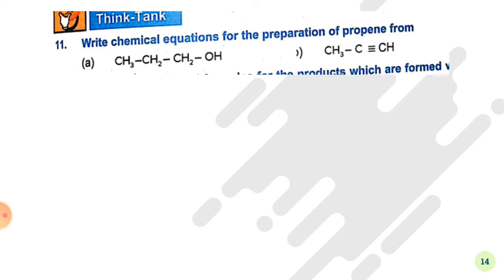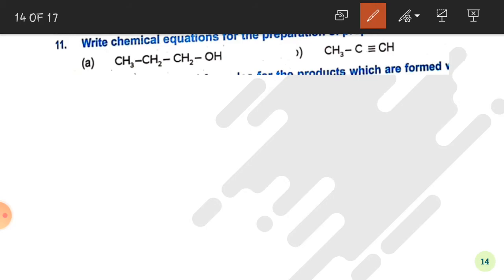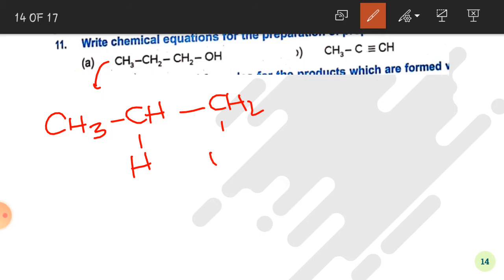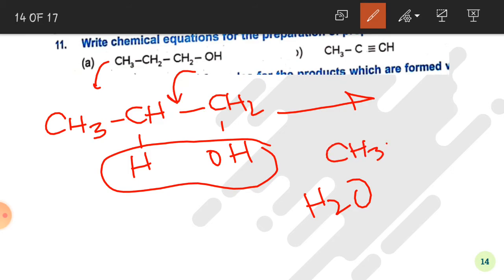Write chemical equations for the preparation of propene from these two compounds. Now first you have 1-propanol. Now from alcohols you prepare alkenes by the process of dehydration. So I'm writing it like this. This hydrogen and OH will be removed and a double bond will be introduced between these two carbon atoms.